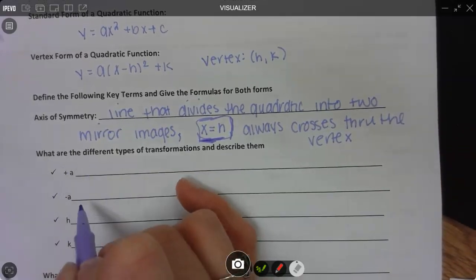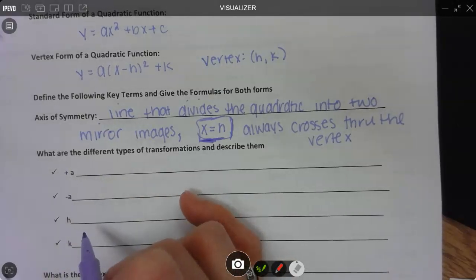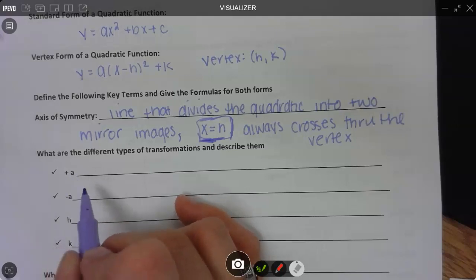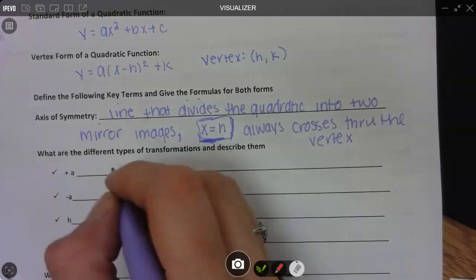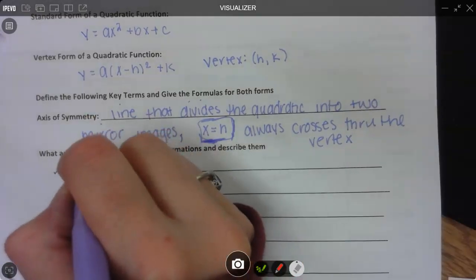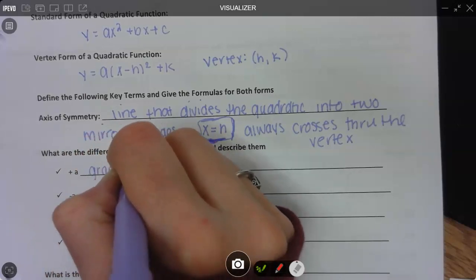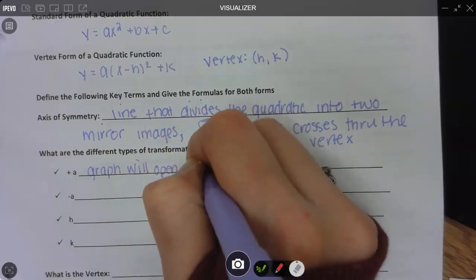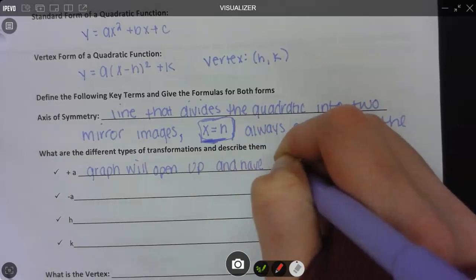We have three main types of transformations. Two of them are going to give us key pieces of information about our graph. A positive a value means that my graph will open up and have a min.